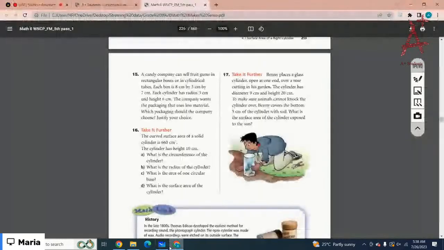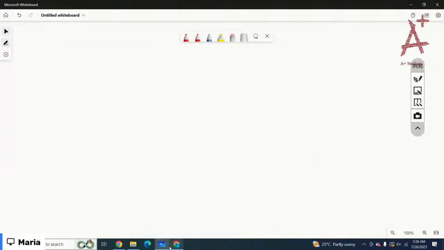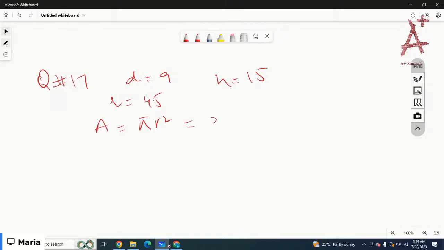Question number 17 it is. Diameter is 9, height is 15 now because 5 centimeter is covered with the soil. So it would be radius equals 9 over 2, 4.5. So area equals pi r square. That would be 3.14 times 4.5 square. Let me just do the calculations.